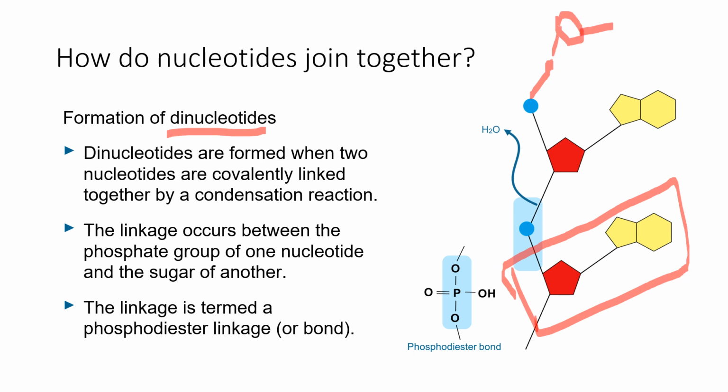I can't draw very good, so that's another one. Then we'd have another one, etc., to form that DNA ladder structure. So dinucleotides are formed when two nucleotides are covalently linked together through a condensation reaction. Okay, so condensation reaction just means a reaction that releases water, and this is how we link those phosphodiester bonds together to form that sugar phosphate bond.